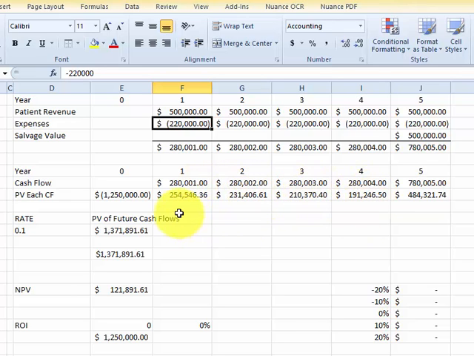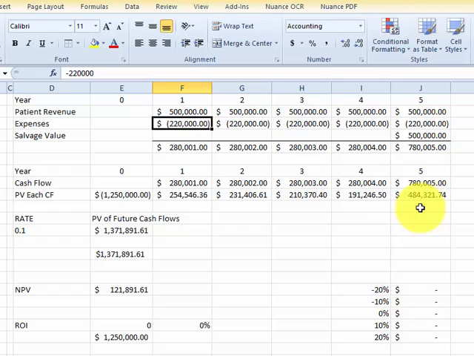And as you would expect, the present value of year 1 is more than the present value of year 4. And year 5 is kind of out of whack because we have a lot more money coming back. But that's also discounted back, so we're getting a present value on that particular cash flow for year 5.